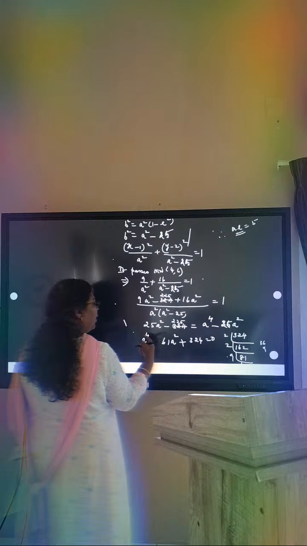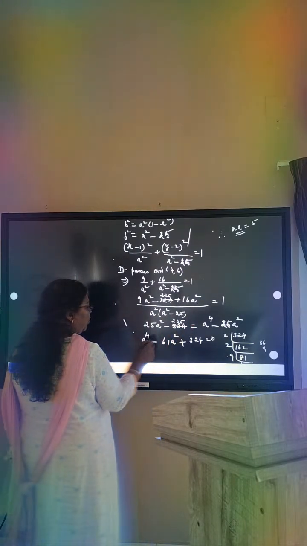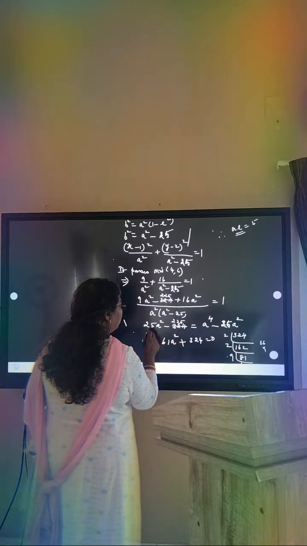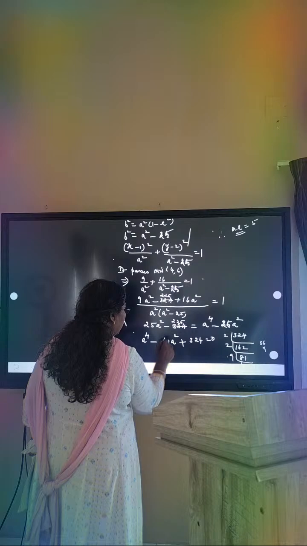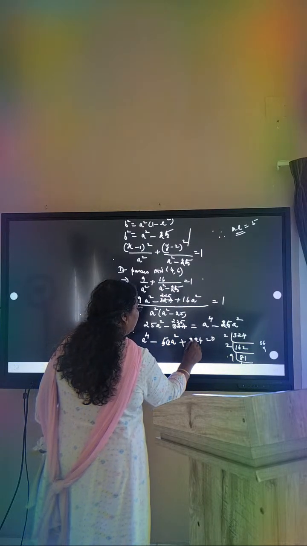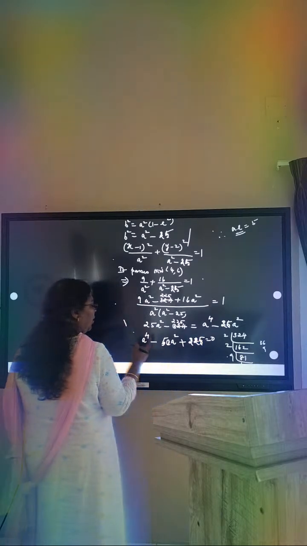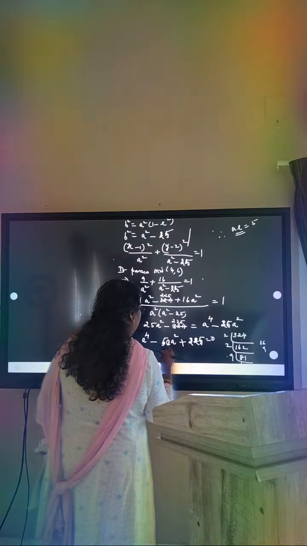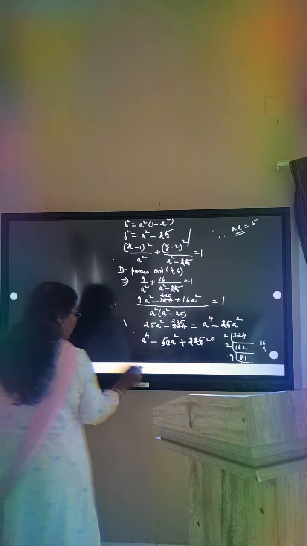Bringing this 25a squared to that side, you get a to the power 4 minus 50a squared, because 25 plus 25 is 50, then plus 225 is equal to 0. And now you have to factorize this. When you factorize 225, I should get the product as 225 and the sum as 50.